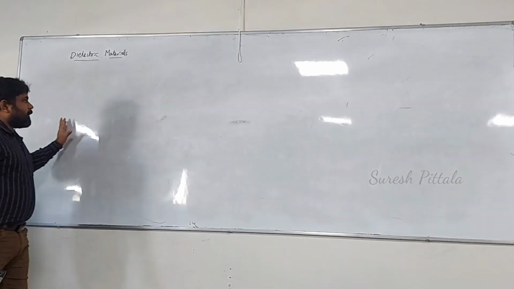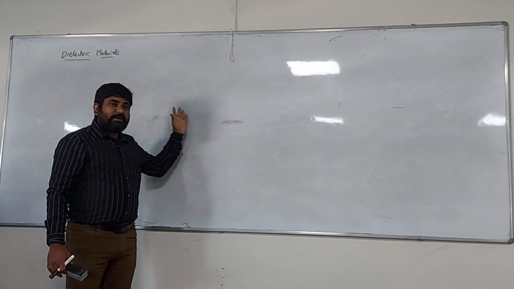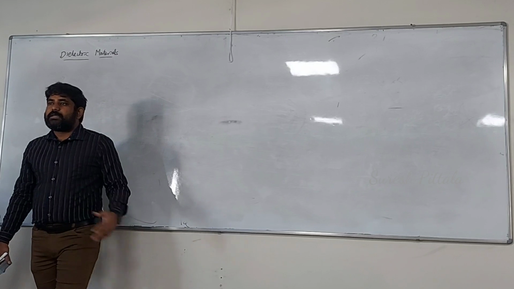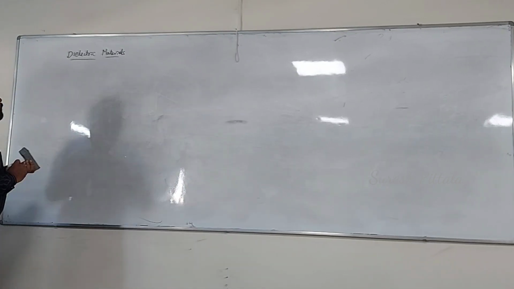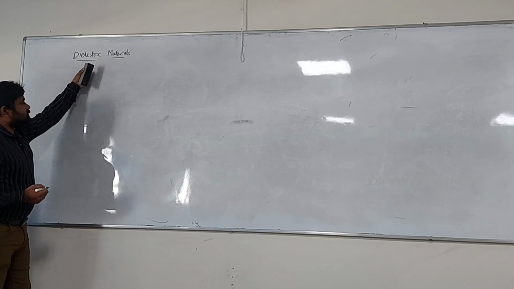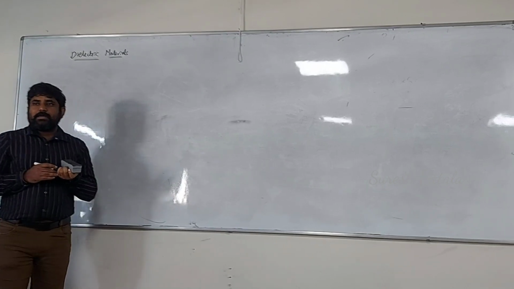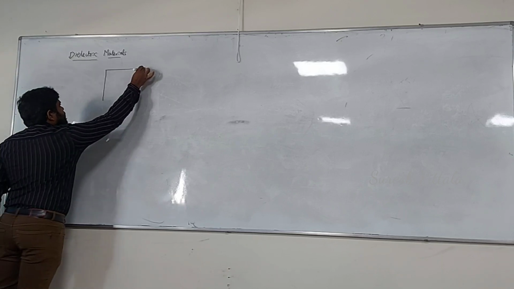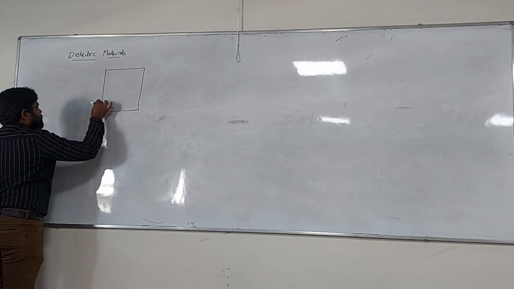Now let us go back and try to understand some of the fundamental definitions. Then we will go back to the derivation. Fundamentally, how do we understand these materials? After defining what a dielectric material is, take a dielectric material like this, any dielectric material.